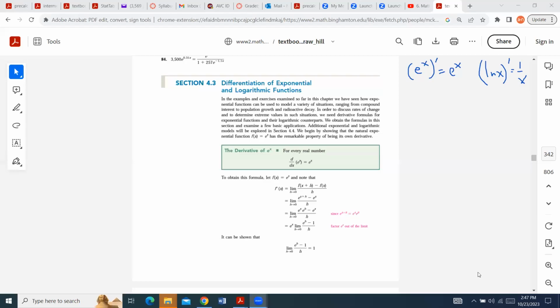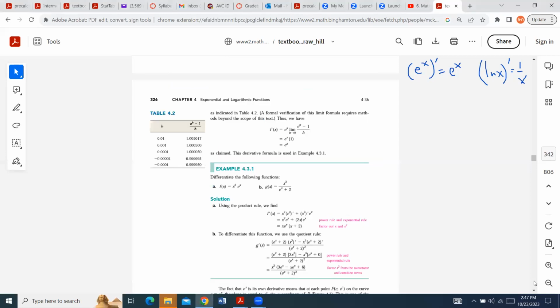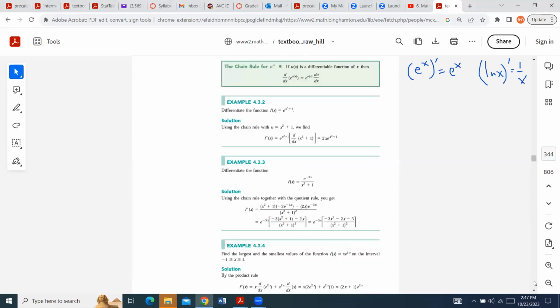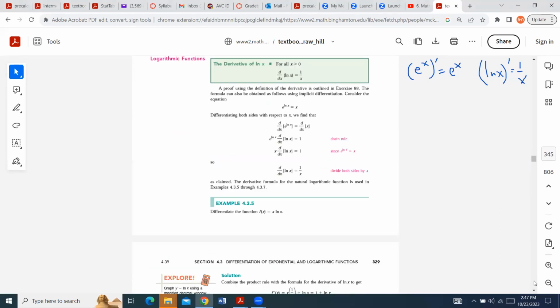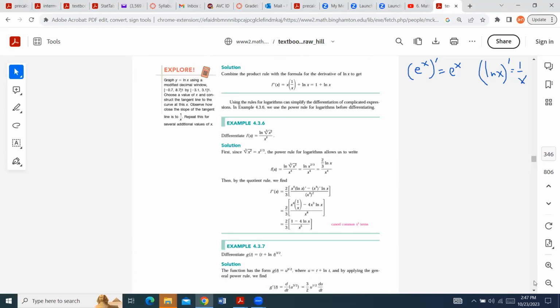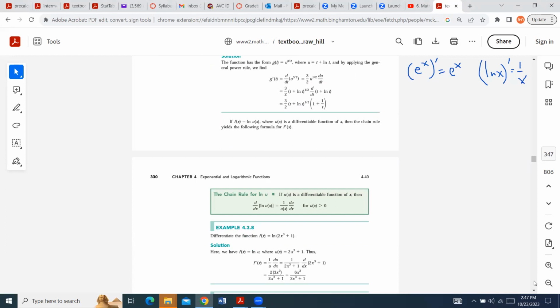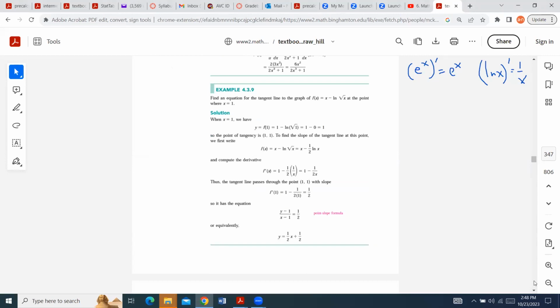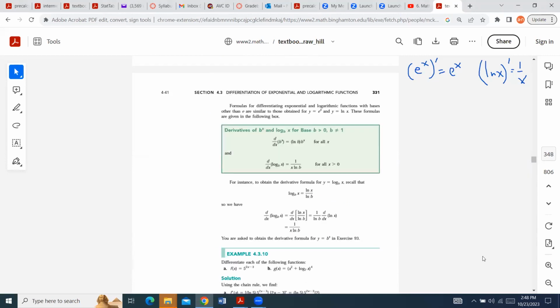So anyways, we use these two formulas to actually get a little quiz exercise done. And also it turns out there is another set of formulas that deals with functions with logarithms of different bases.